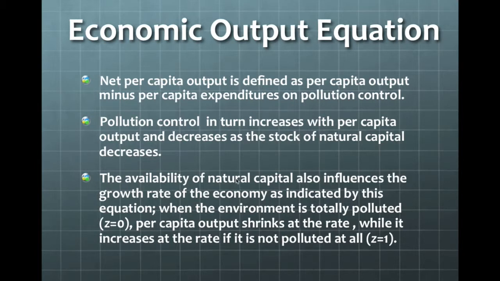The availability of natural capital influences the growth rate of the economy, because when the environment is totally polluted, so when Z is 0, there's no natural capital, the per capita output shrinks.